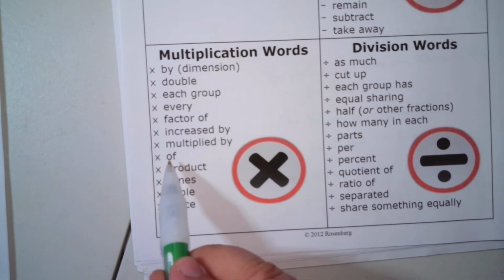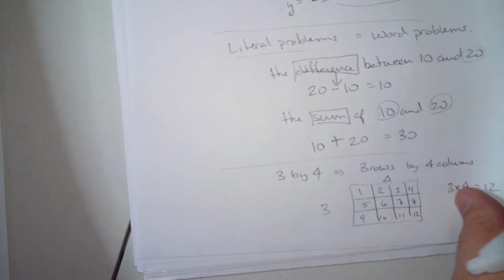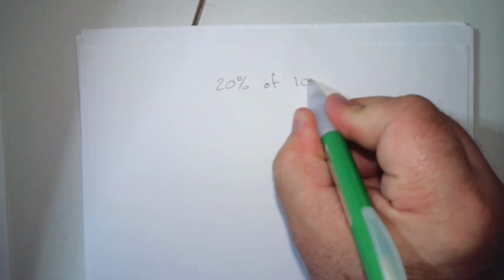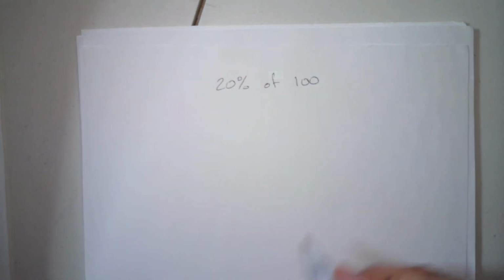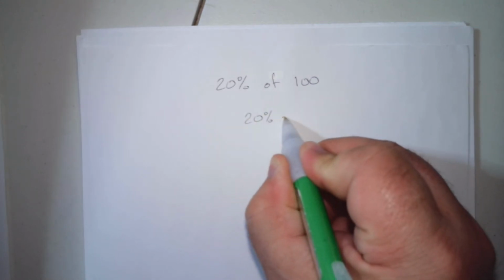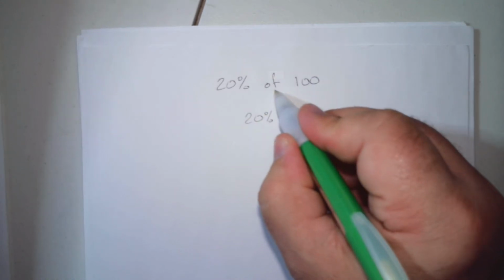The word of in word problems. In word problems, whenever we talk about, let's say, discounts, 20% of 100, all that means is 20% times 100.